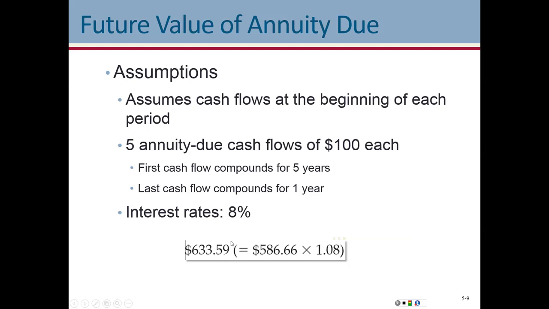Why is there a difference from 586.66 to 633.59? One word, interest. We're earning 1 more year of interest. We're earning an extra 8% on this amount. Therefore, an annuity due is going to be worth 633.59, whereas a regular annuity is 586.66.